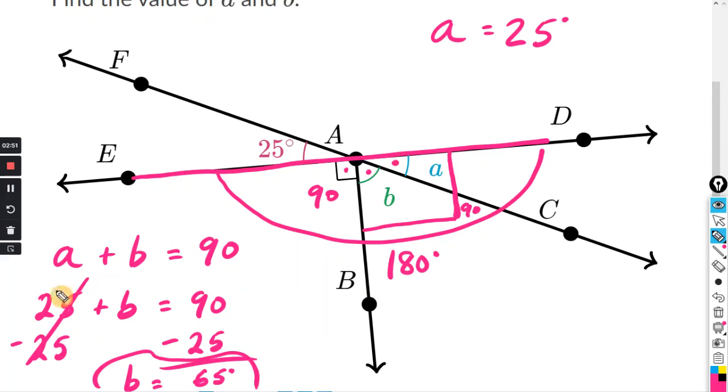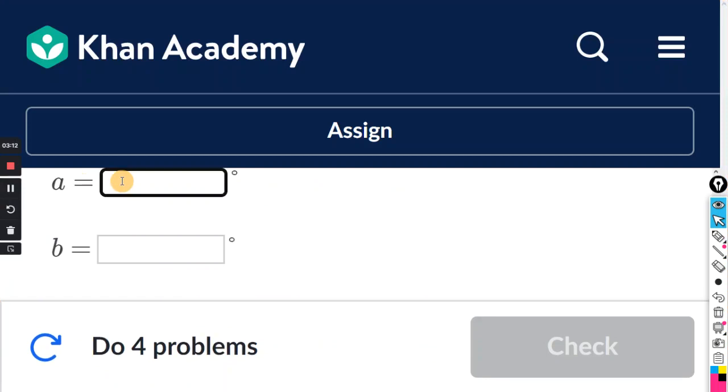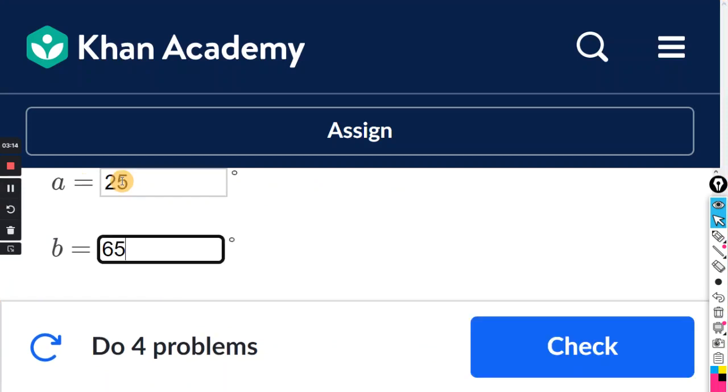Now, do you have to set it up algebraically? No, not necessarily. If you want, you can just say, well, if A is 25, then angle B is just going to be 90 minus 25. So that's the same thing. So we had 25 and 65.